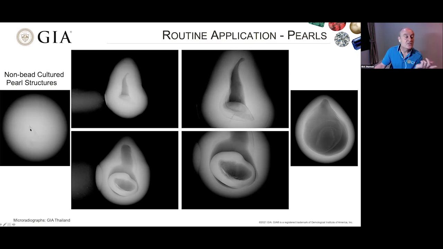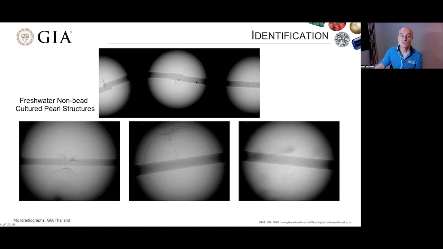Well, this is more indicative of freshwater origin non-bead cultured pearls, whereas these larger voids are more indicative of the salt water. So we can get an idea, but we still have to prove using the other tests. And this is a fairly typical appearance that we see in freshwater non-bead cultured pearls. You can see that linear type feature, but we've also got the concentric structure too. So this is very typical and what we would expect to see.